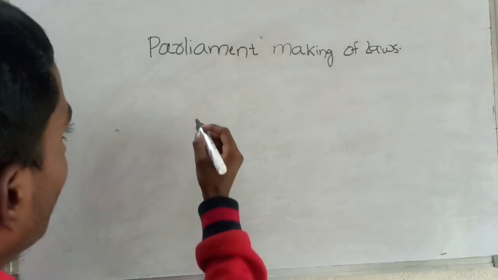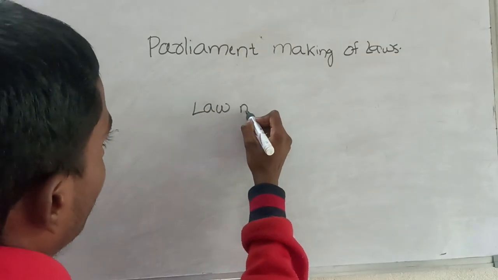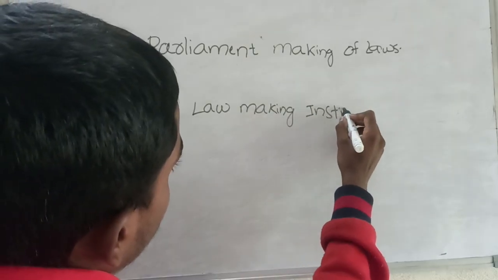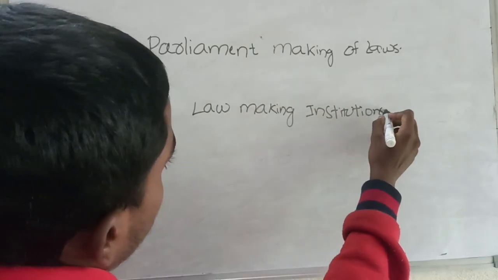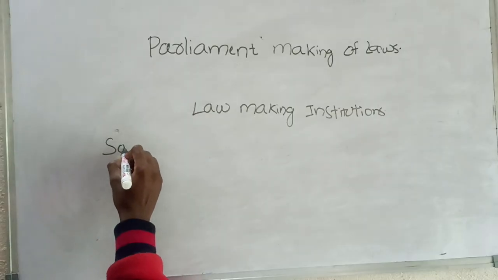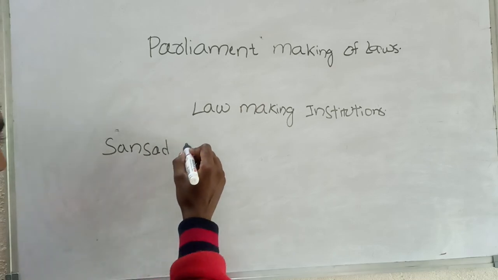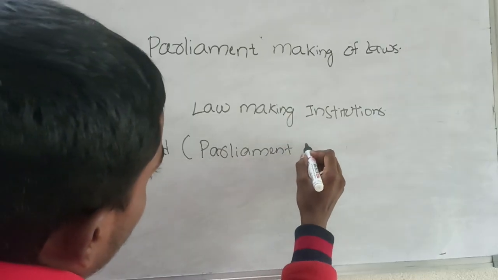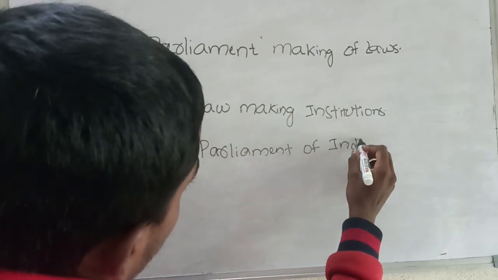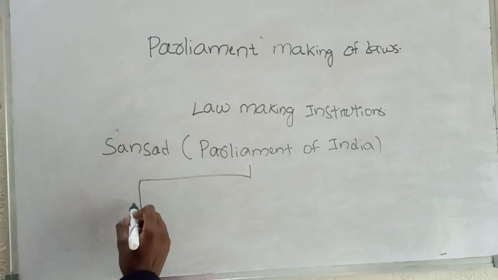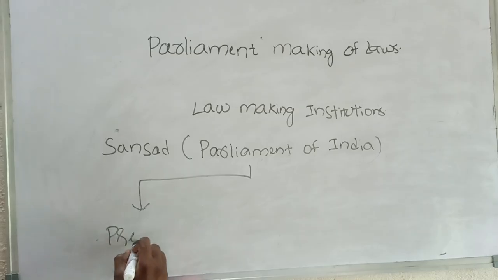Now let us study law making institutions. The law making institution is known as Parliament of India. Majorly it consists of the President, who is the head of Parliament.